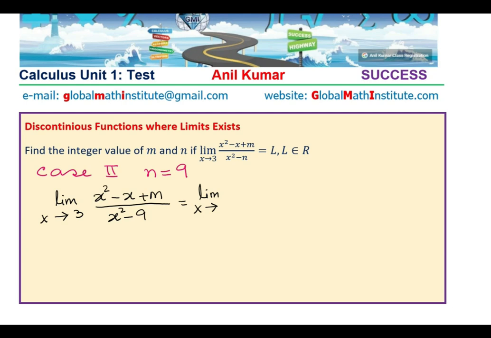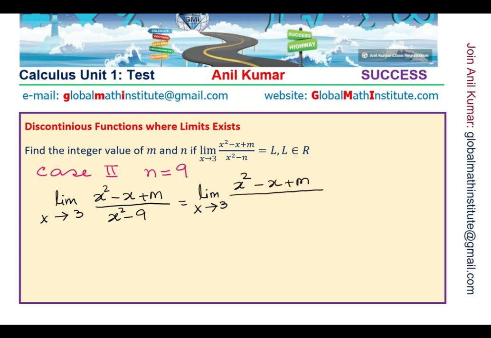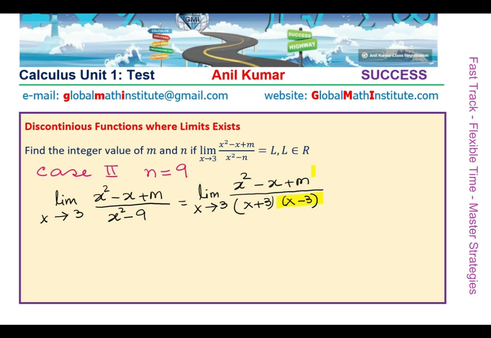So we could write this as x square minus x plus m over x plus 3 times x minus 3. Now, for the limit to exist, we have this factor x minus 3. We should have x minus 3 as a factor in the numerator also, so that we are expecting a hole at x equals 3.